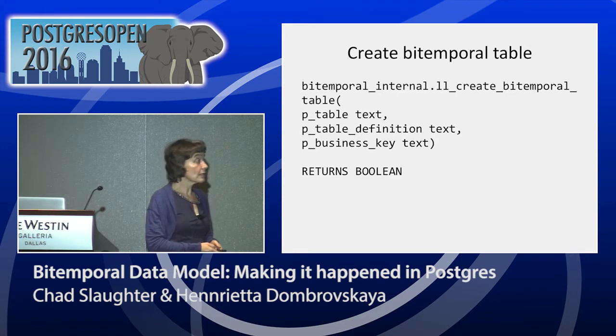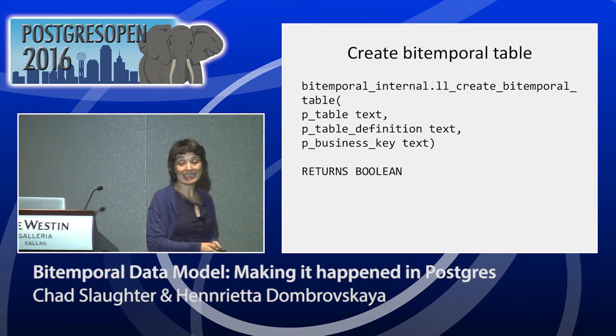The first function is create a bitemporal table. Again, we try to make it as close to create as possible. You pass the standard definition of create table here, and then you pass the business key.